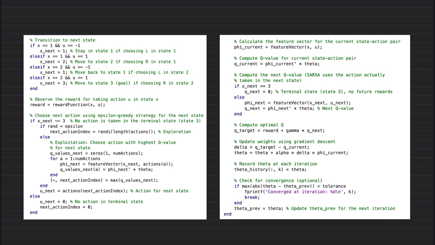Transition here, I guess the only difference is how I calculate the Q target, Q next. First, this is for calculating A prime, and then I am using S prime and A prime, basically X next and U next, to get phi next, and then we basically calculate the target minus Q again.